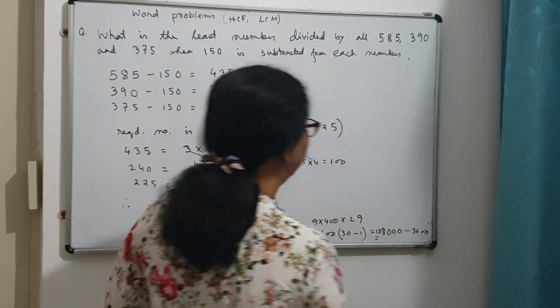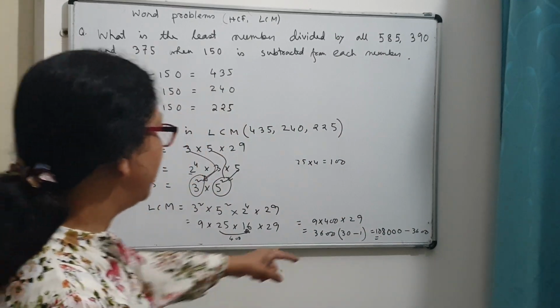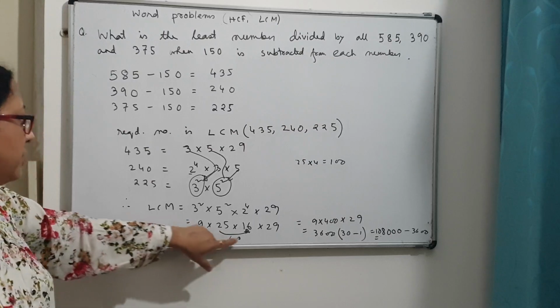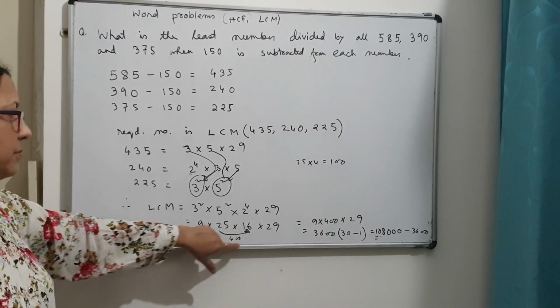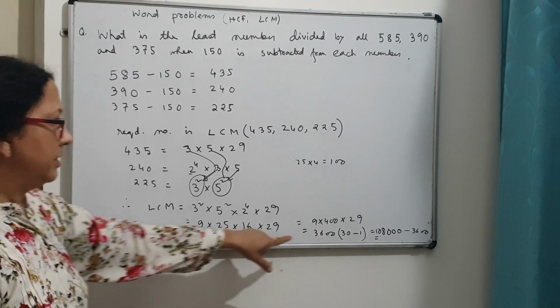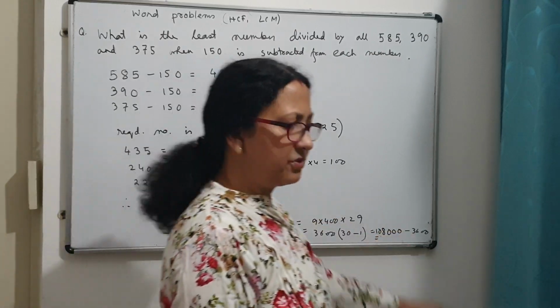And by subtracting, in this way you can manage the calculation. By observing the factors which can be taken together so that I get multiples of 10, in this way I can do it, and this subtraction is easy.